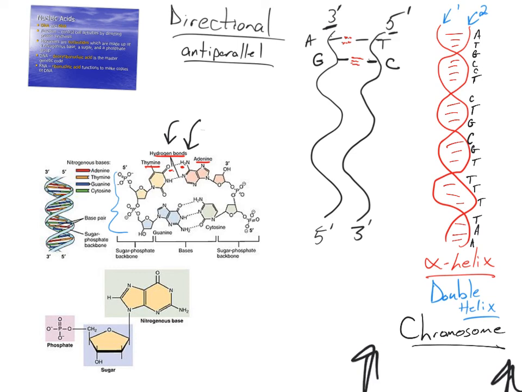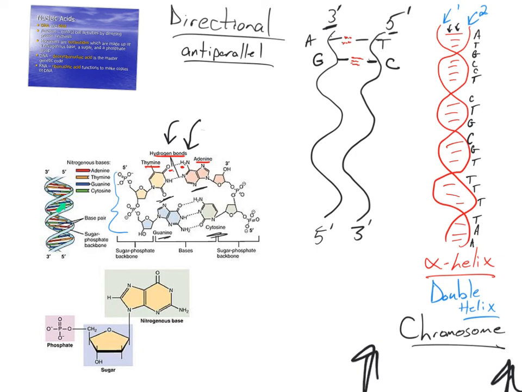And so there's these letters, and these letters represent these nitrogenous bases, cytosine, guanine, thymine, adenine, and that's what we find here in these rungs. If this is the sugar phosphate backbone, these are the nitrogenous bases.